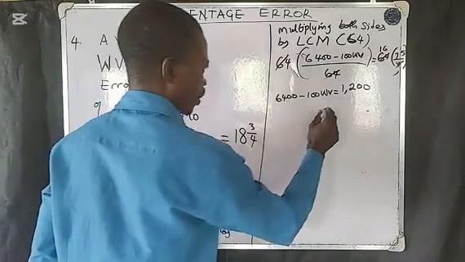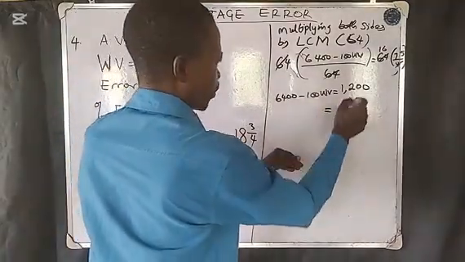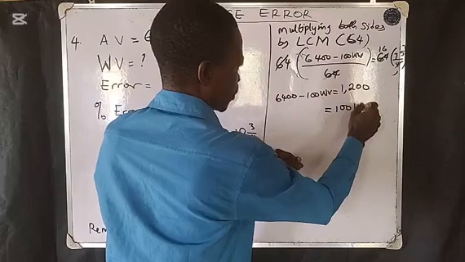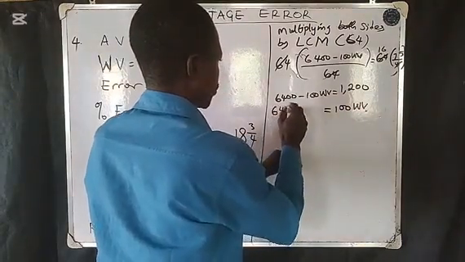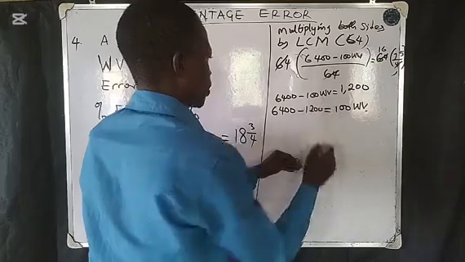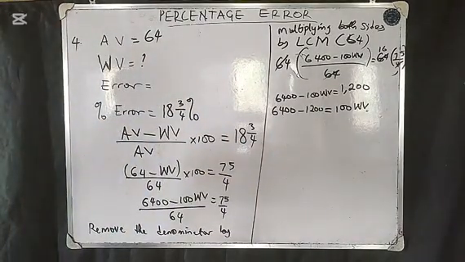Let's do what we call collect like terms. This minus, we want to remove it. So we bring 100 wrong value to this place. Then we have 6400. This one is coming here, becoming minus. Subtract 1,200 from 6,400.